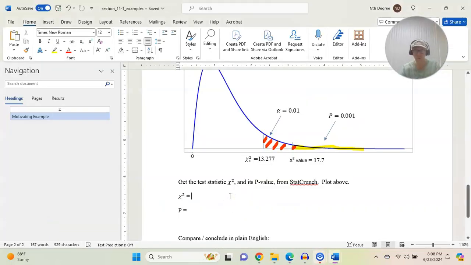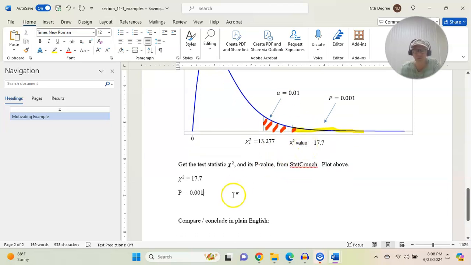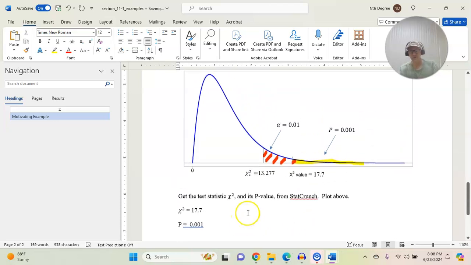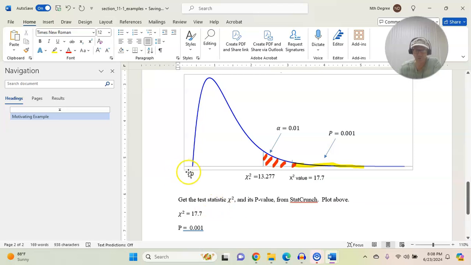All right, so our chi-squared value was about 17.7. Its p-value was about 0.001, and we plotted them above here. So compare or conclude in plain English. Okay, so we can see that if the null hypothesis were in fact true, which is what this curve represents, then the sample that we got, which is represented by this point, would be significantly large.